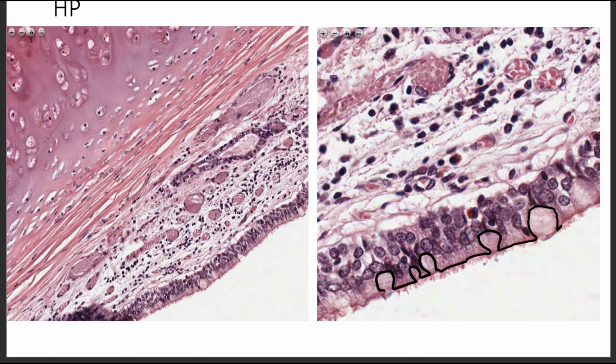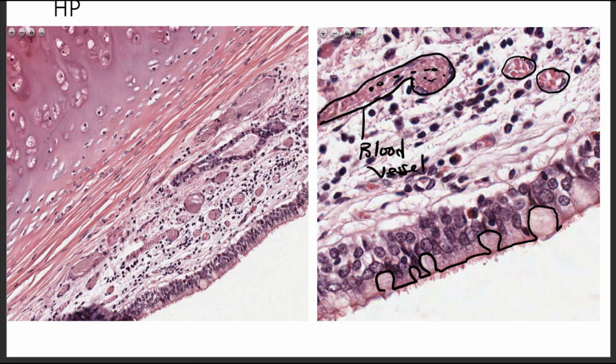Okay, so what you can see under the epithelium of the trachea here is simply a blood vessel. How do you know that it's a blood vessel? You've got a lot of red blood cells inside here. Even this one here is a blood vessel.